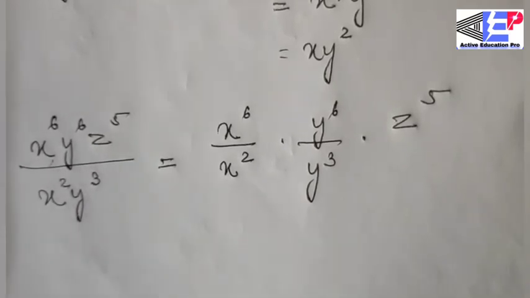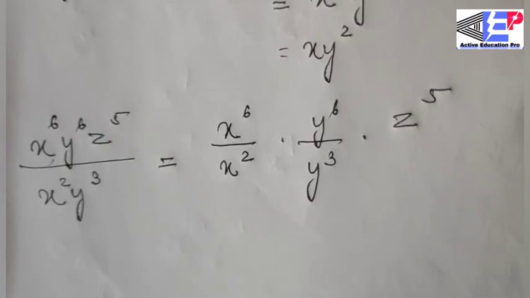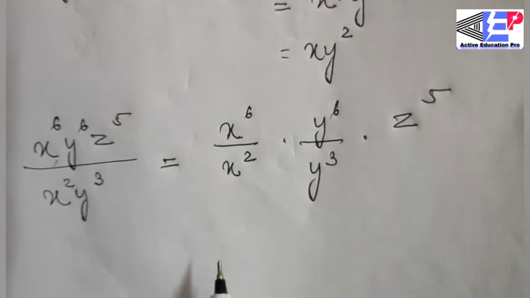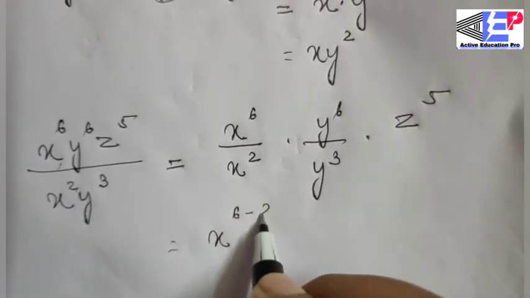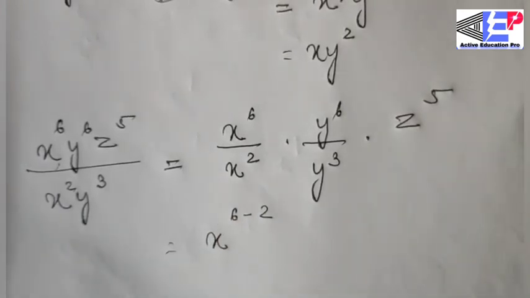As you know, in addition and subtraction, first we gather the same like groups. Here we gather terms consisting of the same variables in one place. X to the power 6 minus 2. Just simply follow the division rule, nothing more.